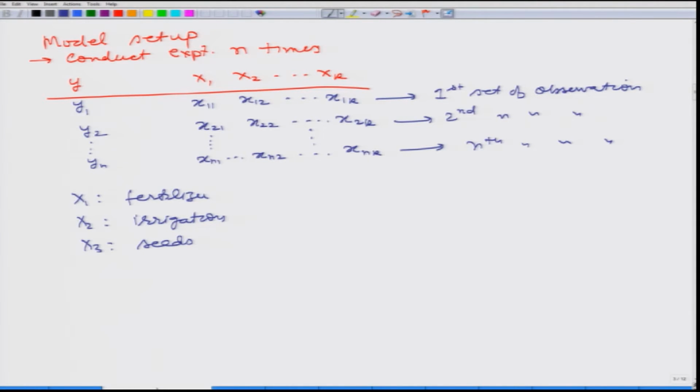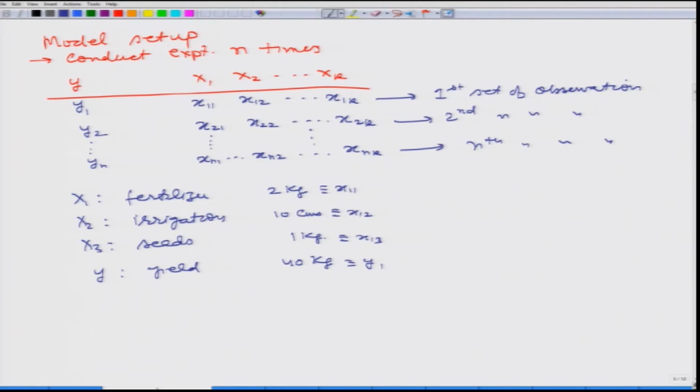So, what we try to do here, suppose I give 2 kilogram of fertilizer and 10 centimeters of irrigation, and suppose I use 1 kg of seeds, and based on that we observe the yield, and we get suppose 40 kg of yield. So, this is my x11, this is my x12, this is my x13, and this is your y1.